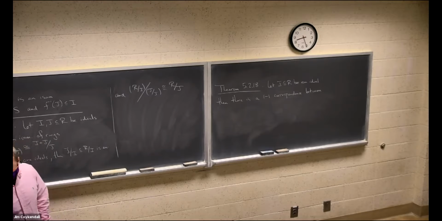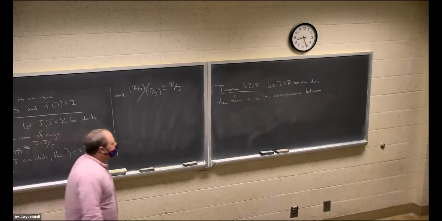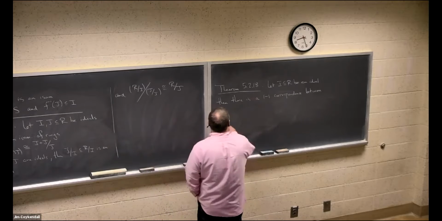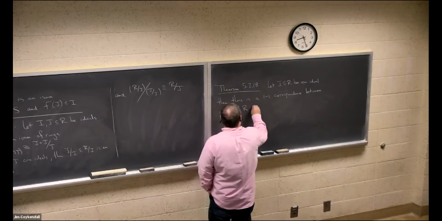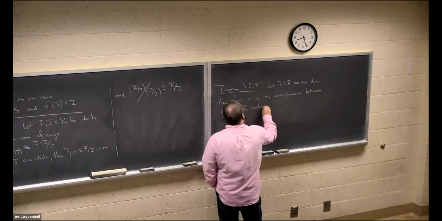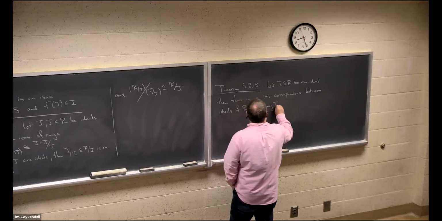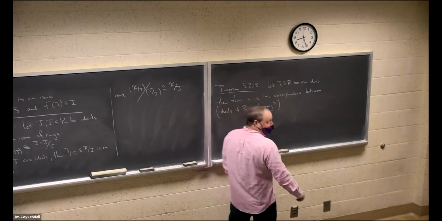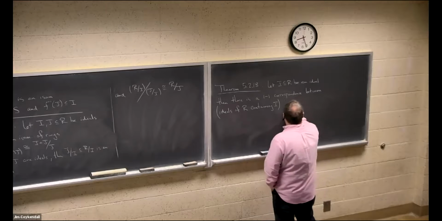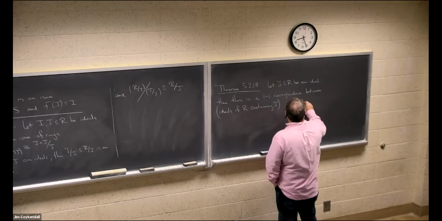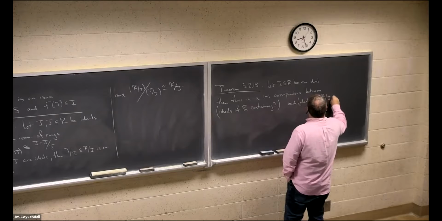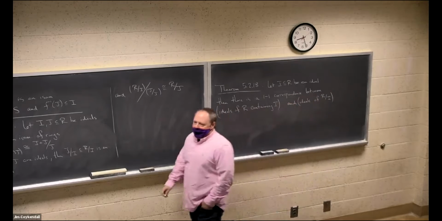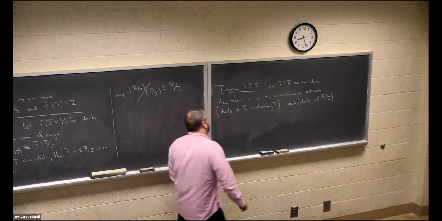There's a one-to-one correspondence between ideals of R containing I and ideals of R mod I. And the correspondence is given this way.